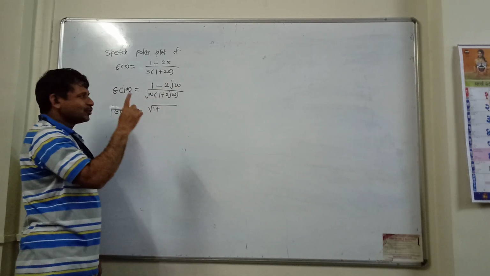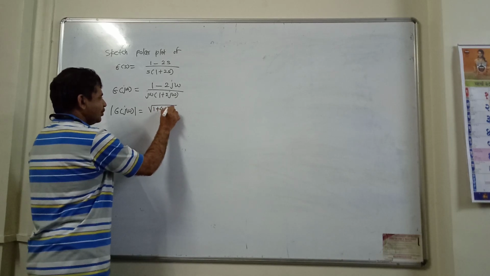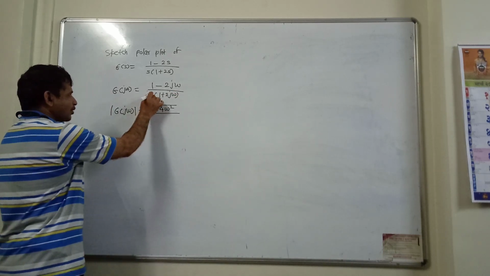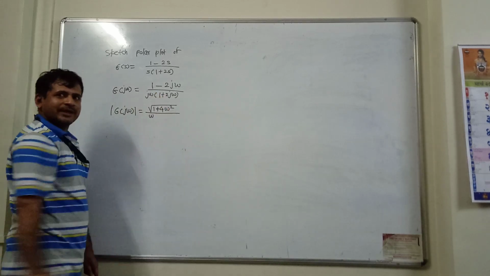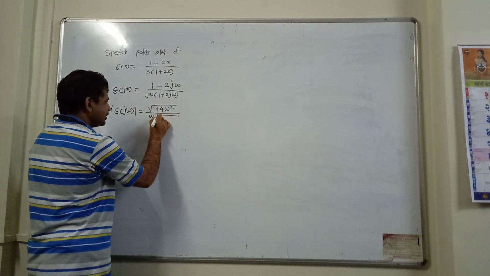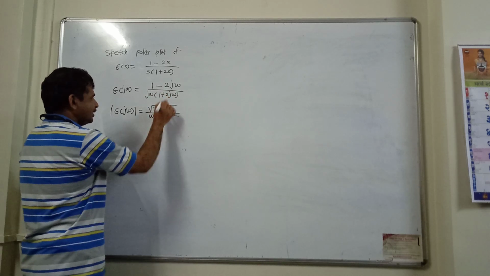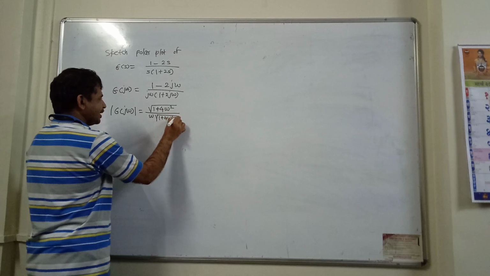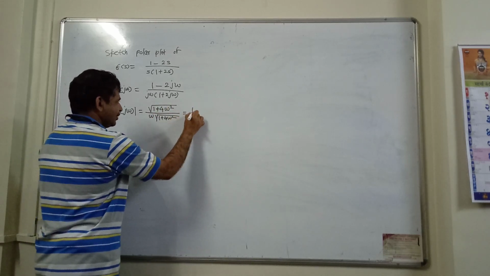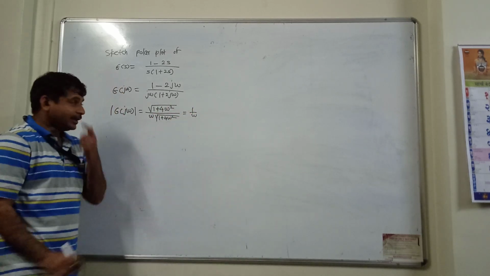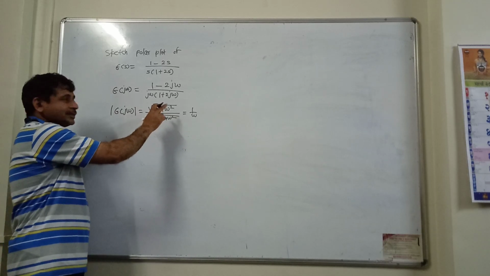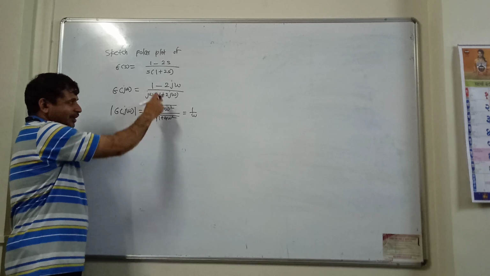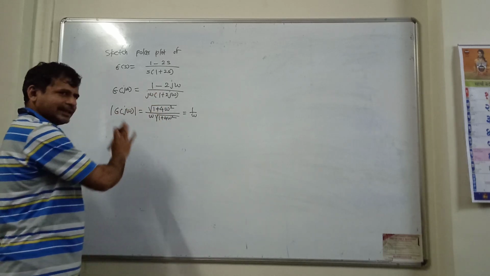Minus 2 omega, so its square is 4 omega square, divided by the magnitude of j omega, which is omega, and for the denominator, real part square 1 plus imaginary part 2 omega squared, so 4 omega square. So this gets cancelled and the magnitude is 1 by omega. Here it gets cancelled because both have the 2 j omega term. If the terms are different, then it will not cancel; it will take its own values.